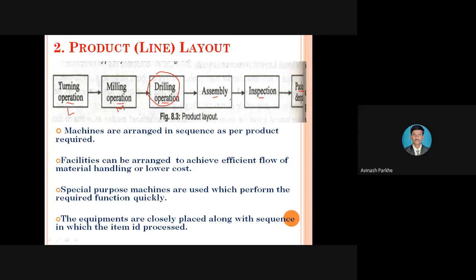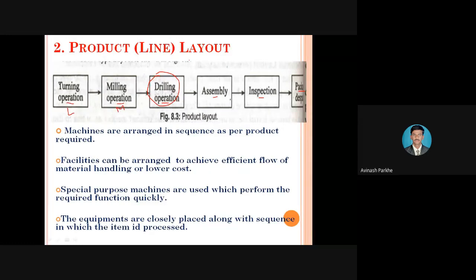So why is capital investment very high? Because here the sequence of operation is set as per the requirement of the product. If I am manufacturing 100 different products, then for 100 types of new products, 100 product layouts or 100 line layouts are required, because all the 100 products are not similar to each other.